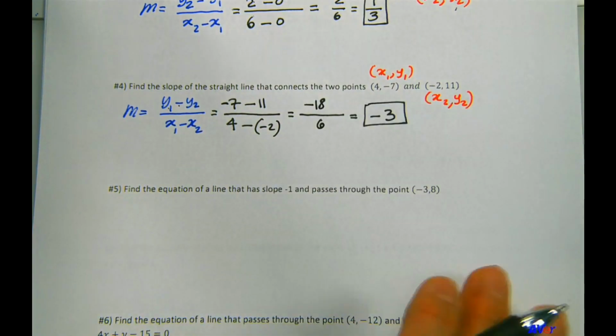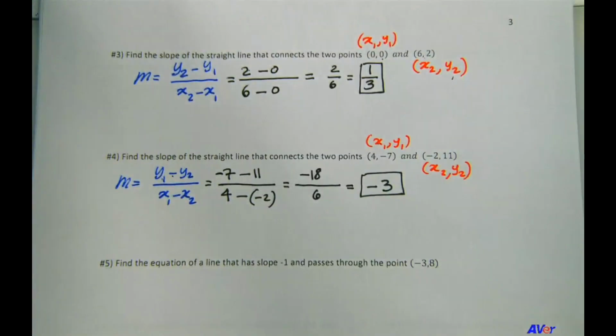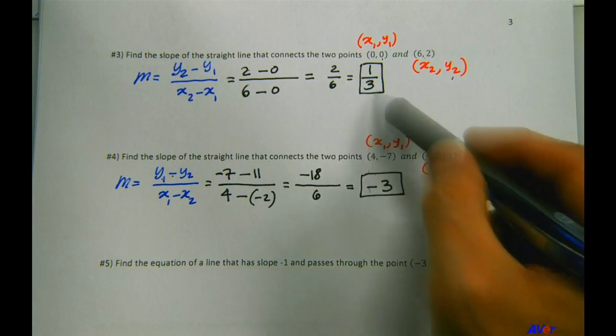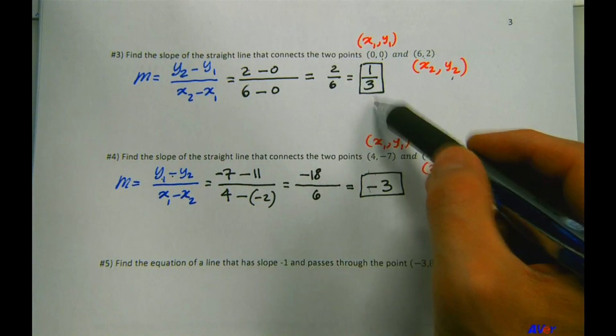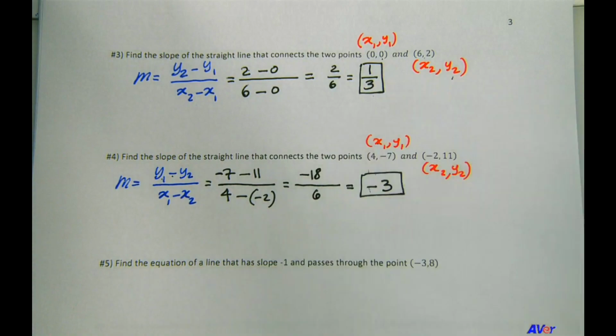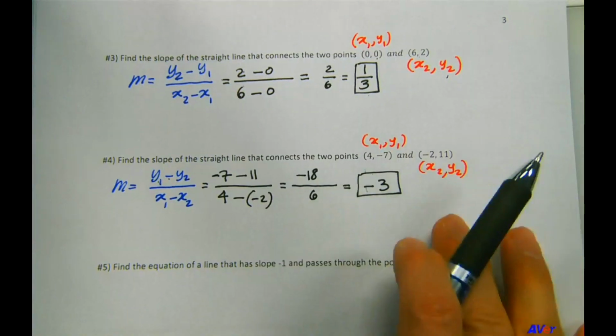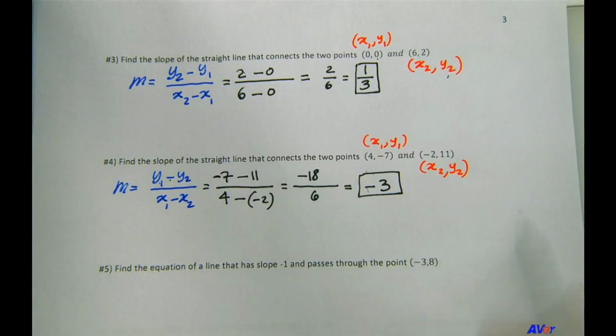Okay? So given these slopes, what can we tell about the lines they're associated with, even without graphing them? Is there anything we can say about the lines that have these slopes? Well, absolutely.